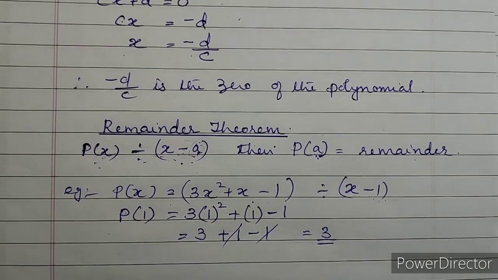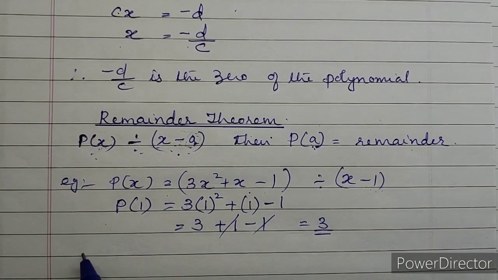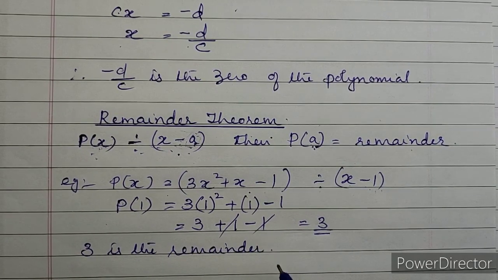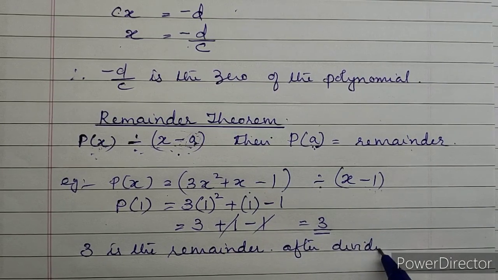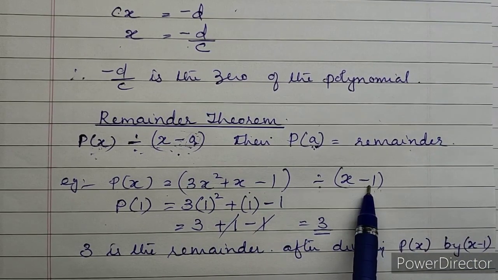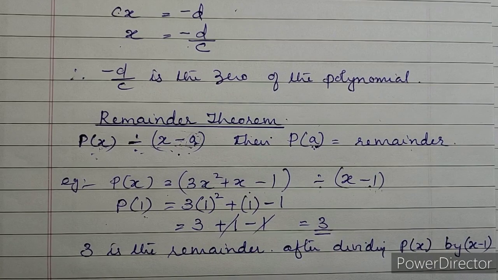So that answer is the remainder. 3 is the remainder after dividing p of x by x minus 1. So change the sign and find p of that value. You will get the remainder directly without doing division.